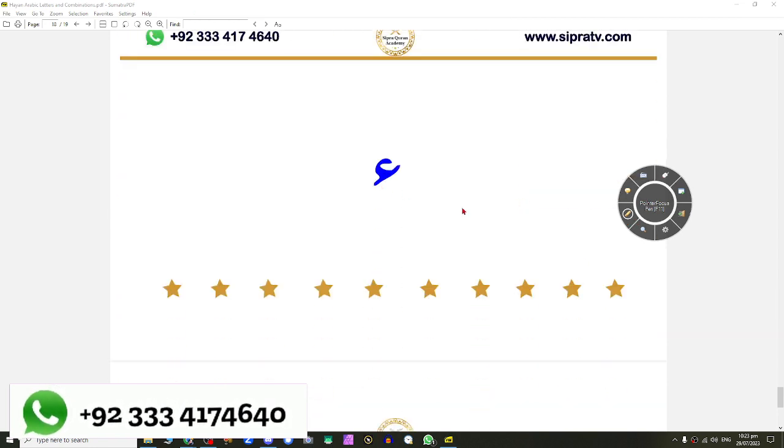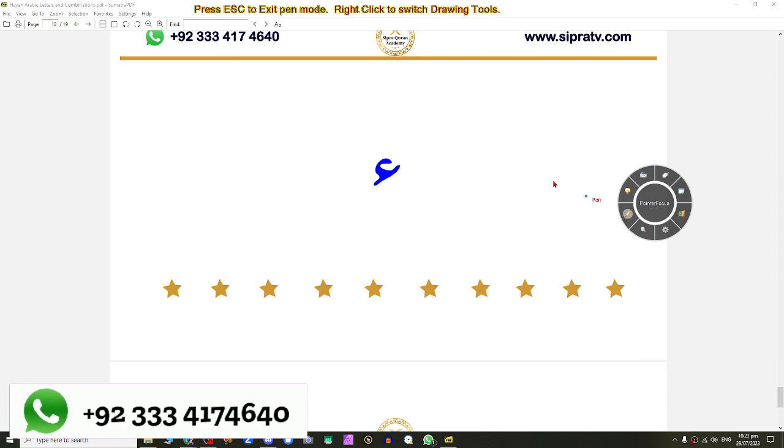Alright. This one will be Hamza. If Hamza comes in the beginning or in the middle of a word, it will be like this. For example, there will be one spike and Hamza will be written like this. There will be a distance, a gap between that spike and Hamza. It will not be joined together with another letter, like other letters are joined.